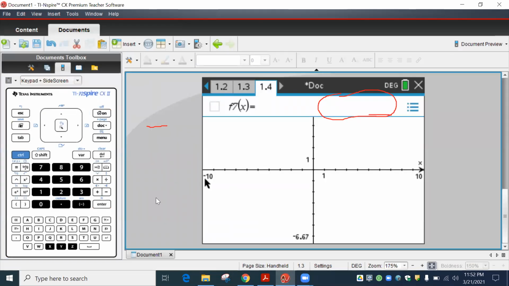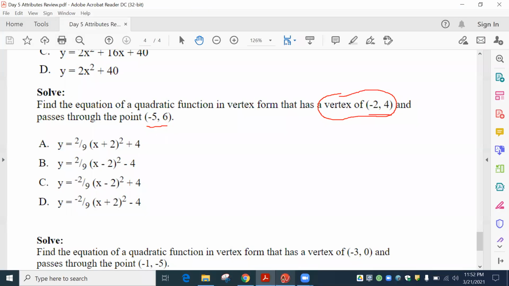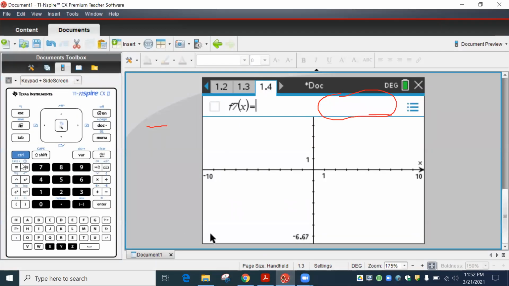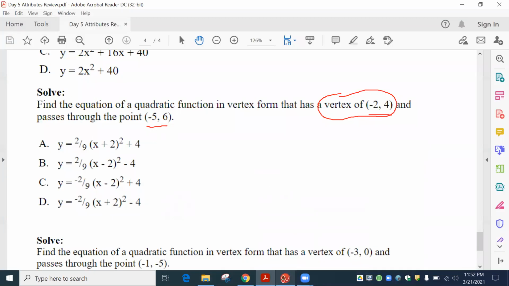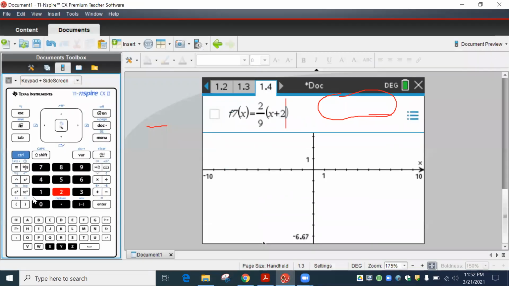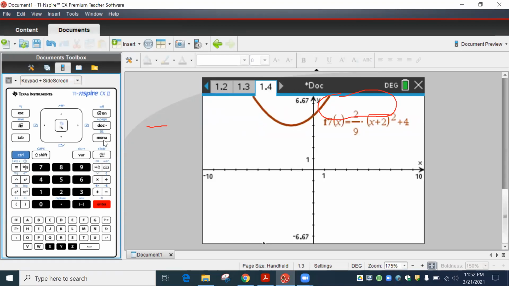All right. So I'm going to type in 2/9. So control divide. We got 2/9. And then parentheses x plus, I forgot what it was, 2 squared plus 4. Okay. So now we're going to hit menu 5-1.